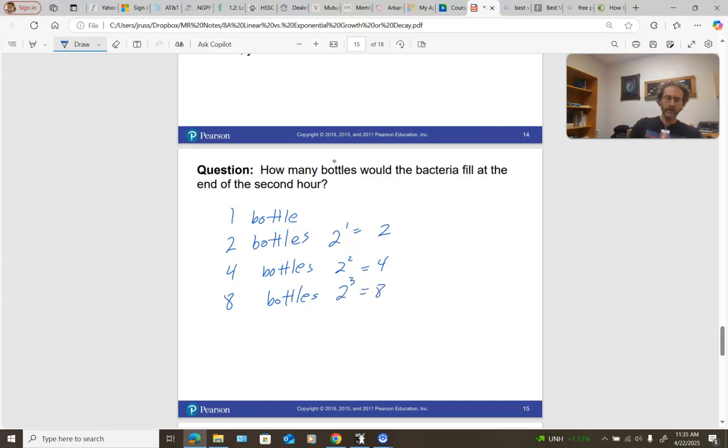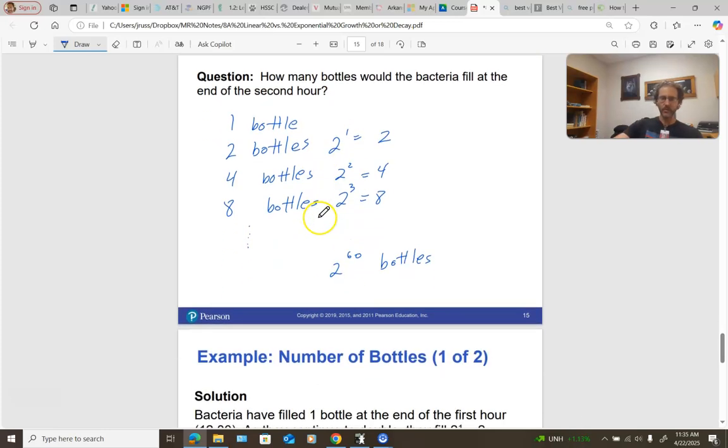So if the process continues, guys, you'll end up with 2 to the 60th bottles. And we actually already saw what that number was. It was 1.159 quintillion.